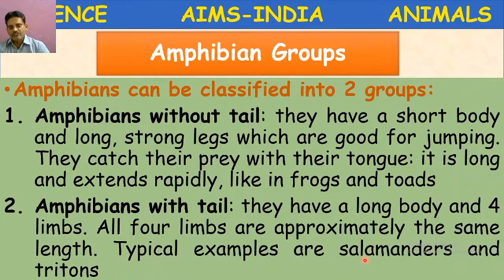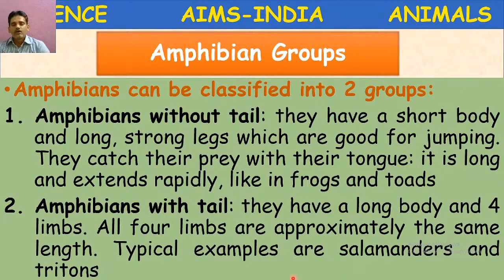Salamanders, you remember one example at least. Salamanders are the best example for amphibians with a tail. So what are the 2 groups of amphibians? Amphibians without tail and amphibians with tail. Amphibians without tail, example, frogs. Amphibians with tail, example, salamanders.